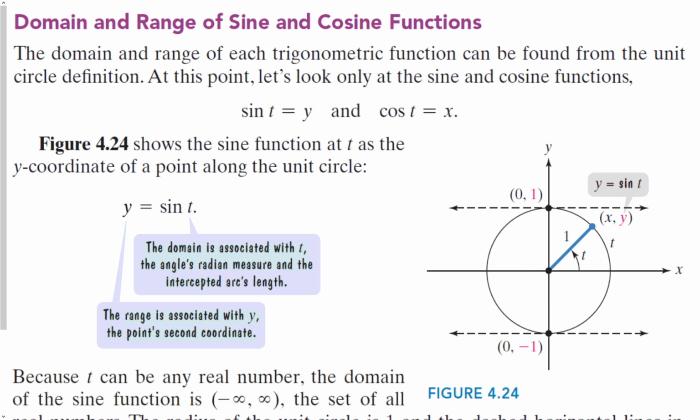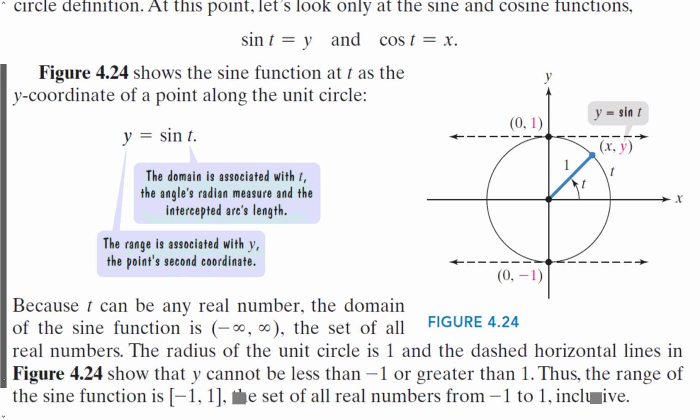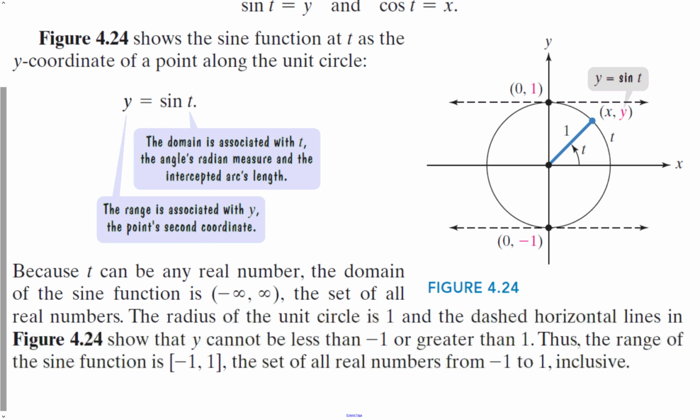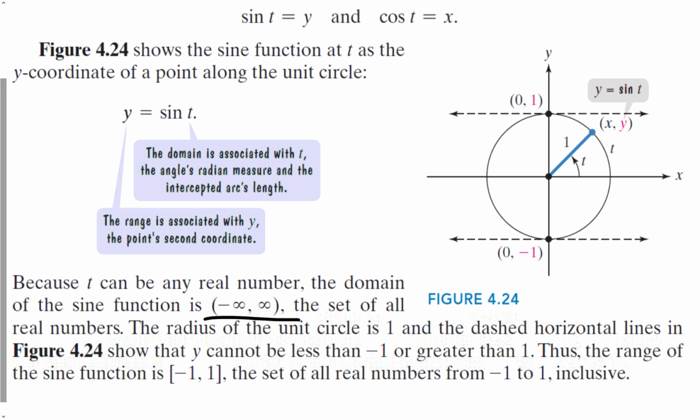So we have, because t can be any real number, the domain of the sine function is all real numbers, negative infinity to positive infinity. The range, however, and this is true for cosine as well, the range, however, is a y value. Well, the furthest I can go up in this function is 1, because the radius of this circle is 1.